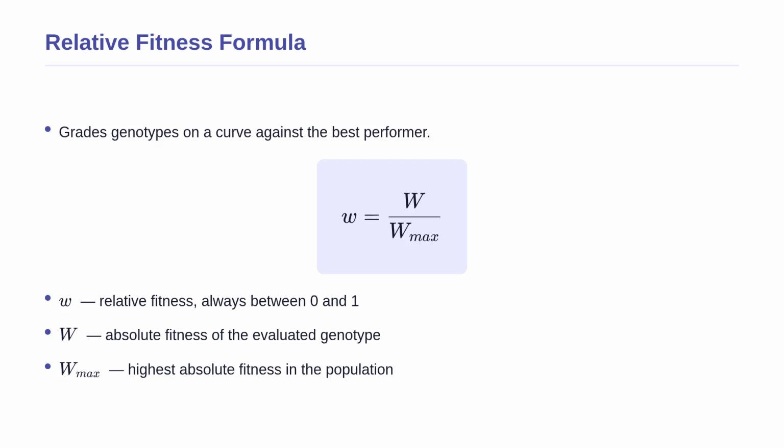Lowercase w is the relative fitness, which always falls between 0 and 1. Capital W is the absolute fitness of the genotype we are evaluating. W max is the highest absolute fitness found in that specific population. Essentially, this formula grades the genotypes on a curve, giving the best performer a perfect score of 1.